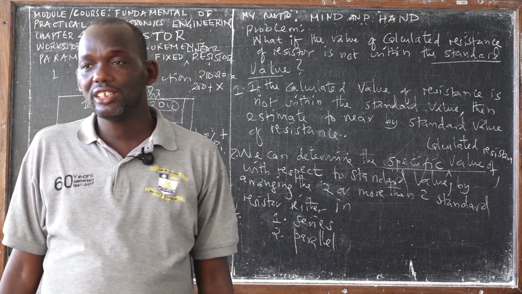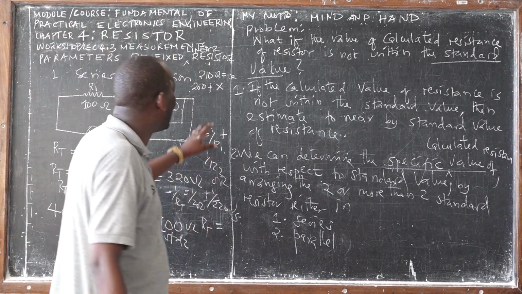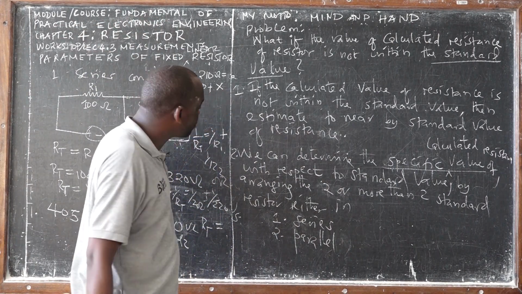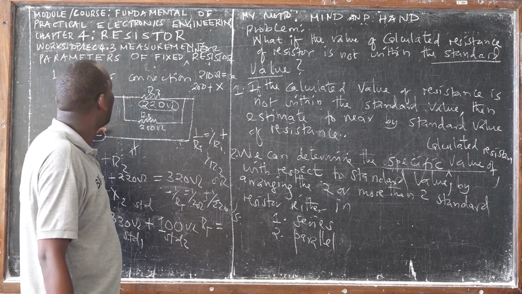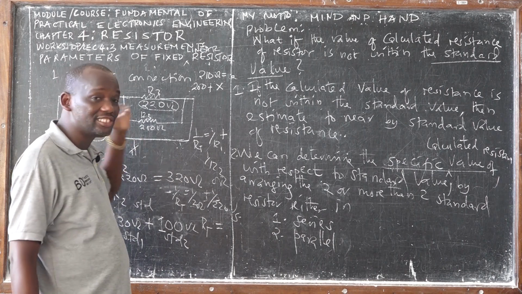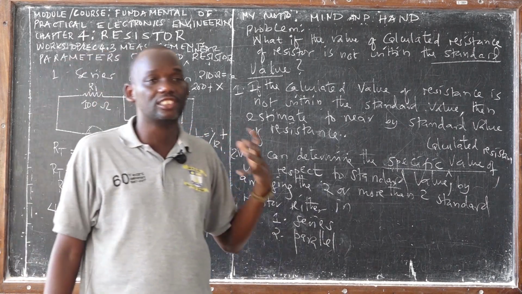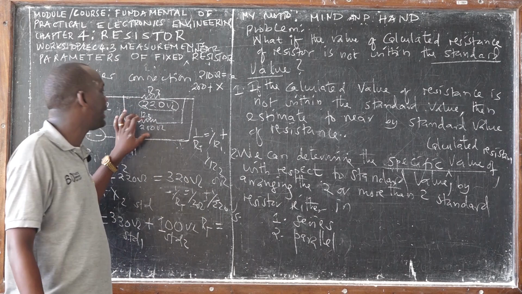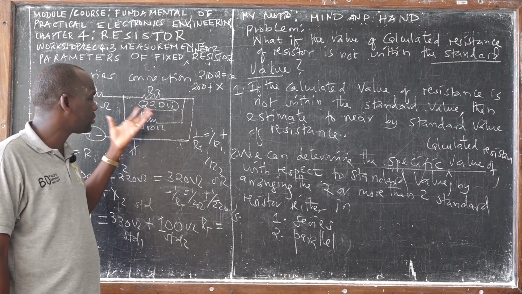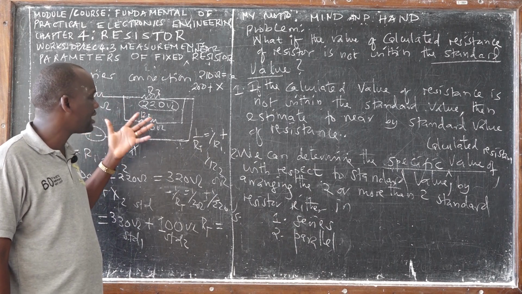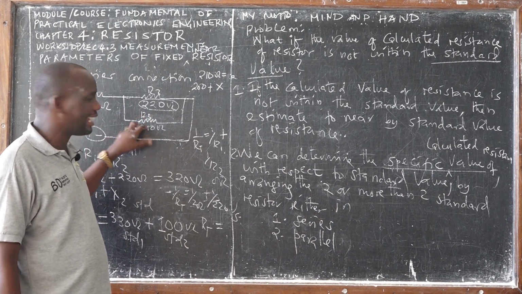But remember that the value of X should be a standard value, because practically we connect standard resistors in series or in parallel. We don't just do it theoretically, where we don't care that R1 is a particular value which is not a standard value of resistance. So that's the case.